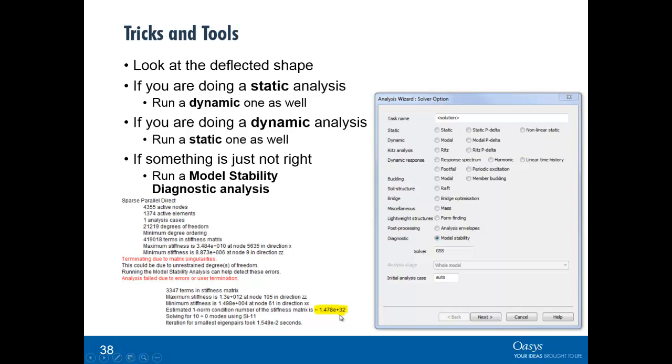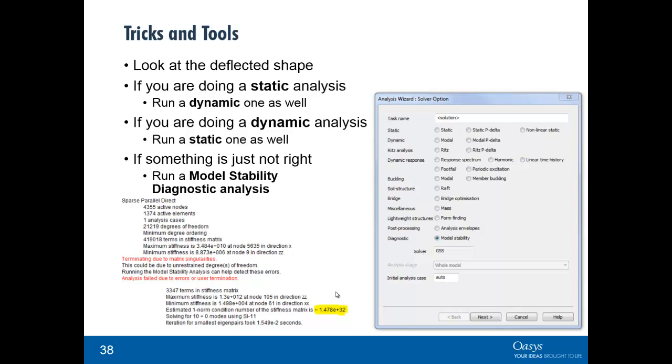And by high we mean, well, over e to the plus 10 is getting a bit wobbly. Over e to the plus 15, you've got a mechanism and you need to deal with that. GSA now has a model stability analysis. In fact, it's had that from 8.6 as well, and this can be very useful for finding out where the problems are in the model.